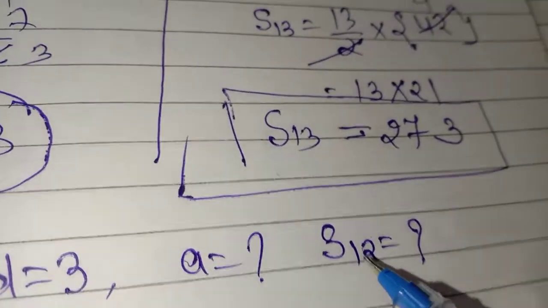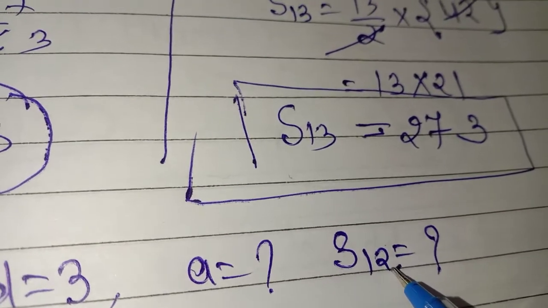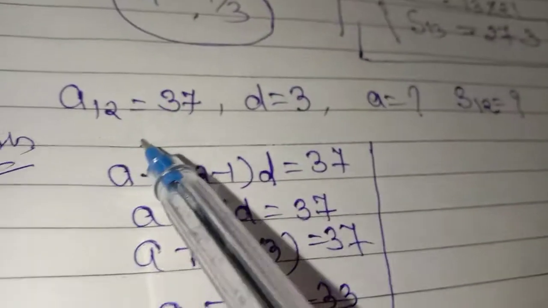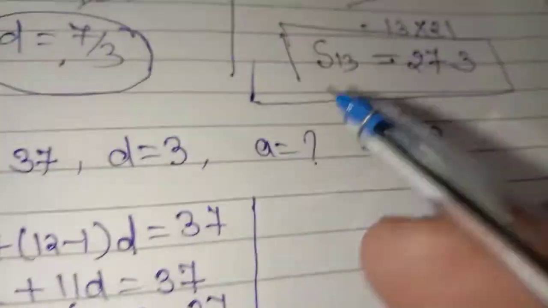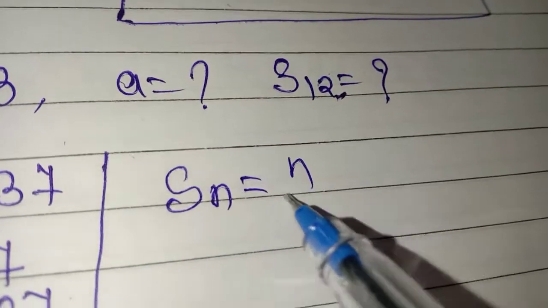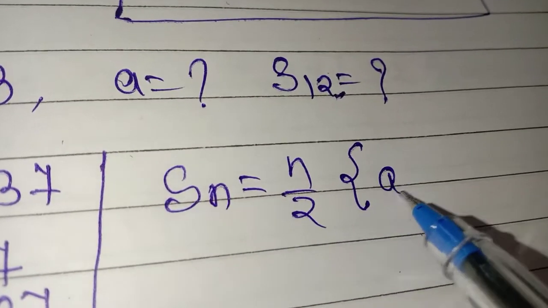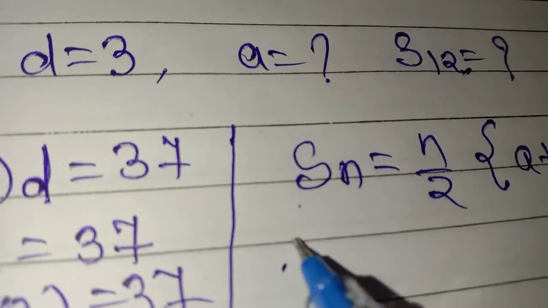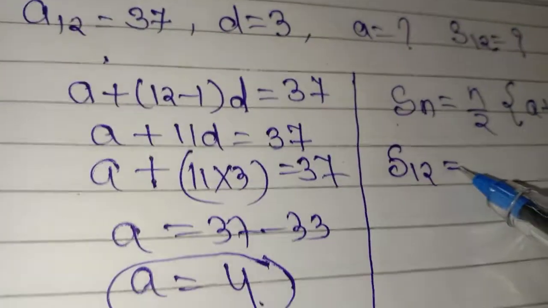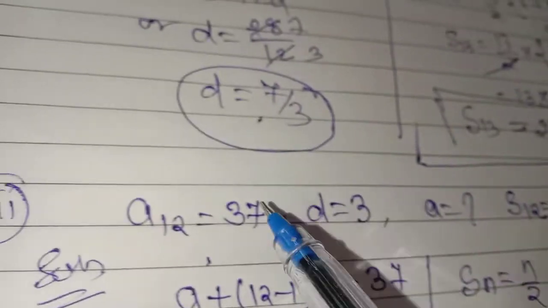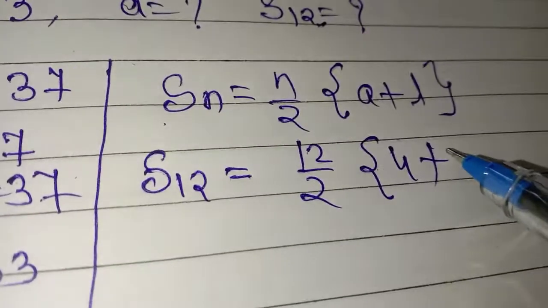You have to find S12 now. For S12, once again the last term is given and we got a. So we will use the same formula, Sn is equal to n by 2 (a plus l). So S12 is equal to 12 by 2, a is 4 and the last term is 37.